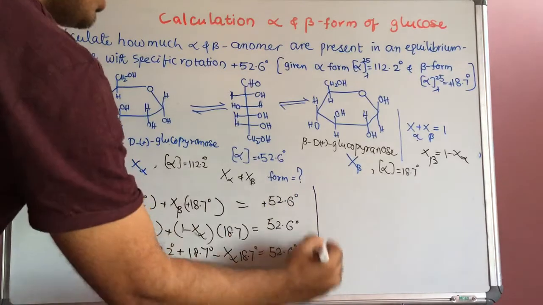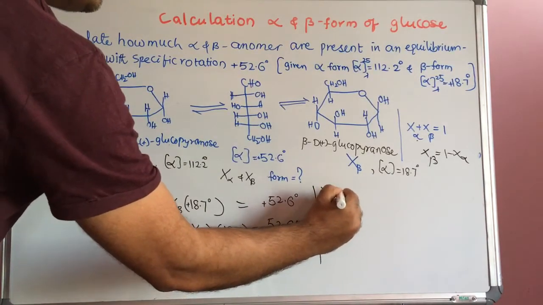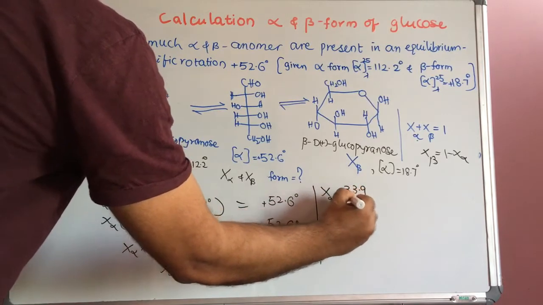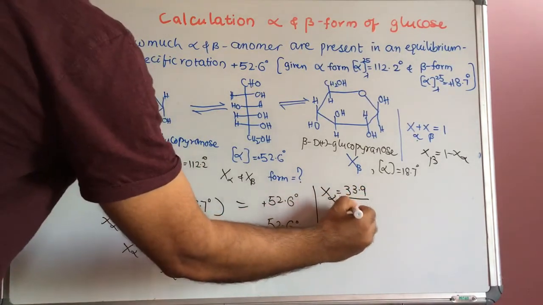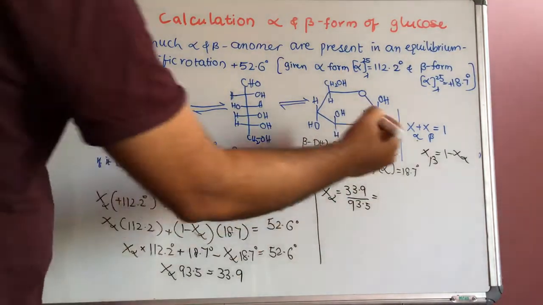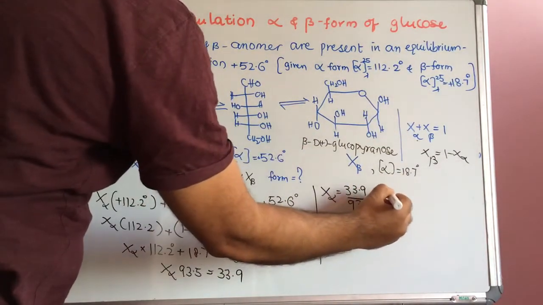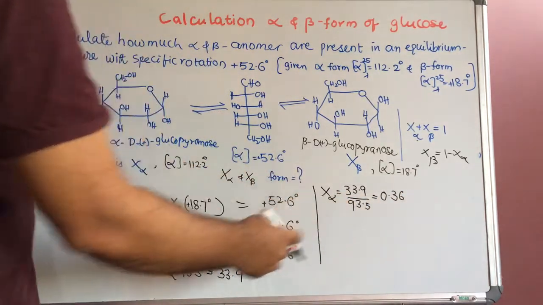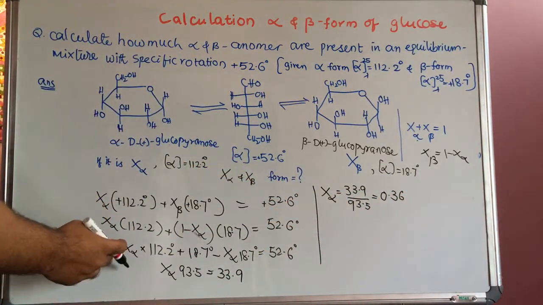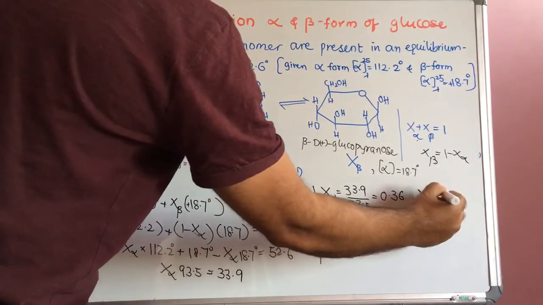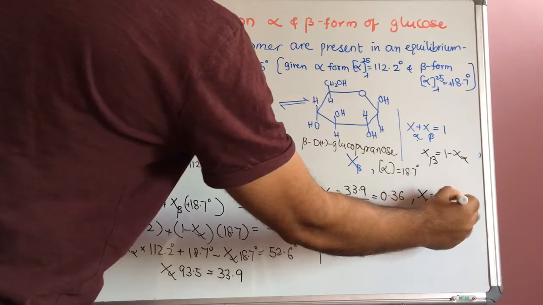Then we get x alpha is equal to 33.9 divided by 93.5, which if you divide gives nearly 0.36. If you substitute the x alpha value in this equation, then you get x beta equal to 0.64.